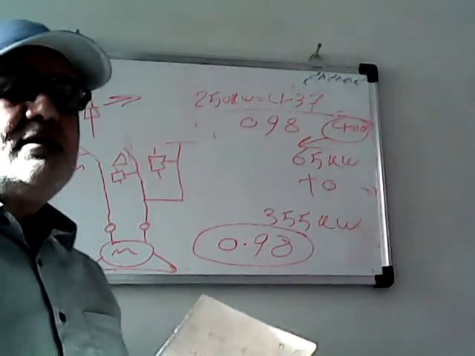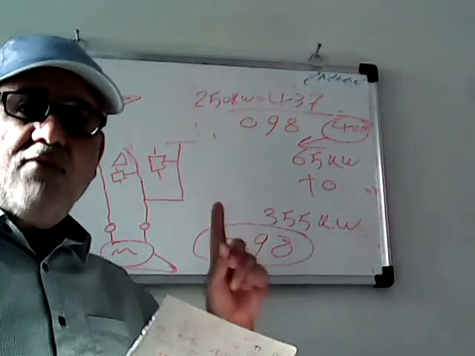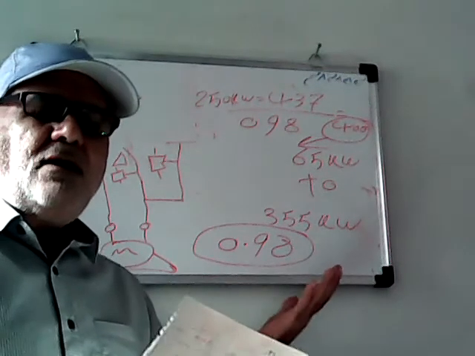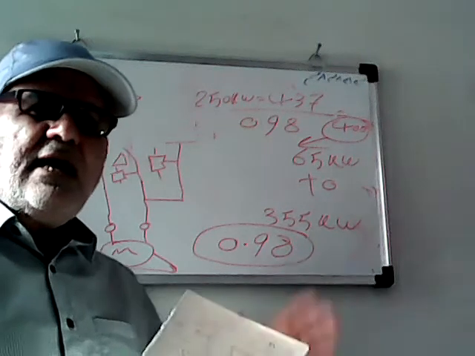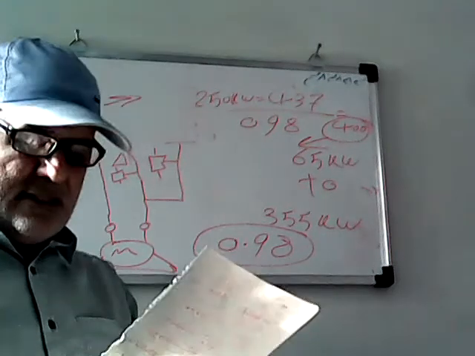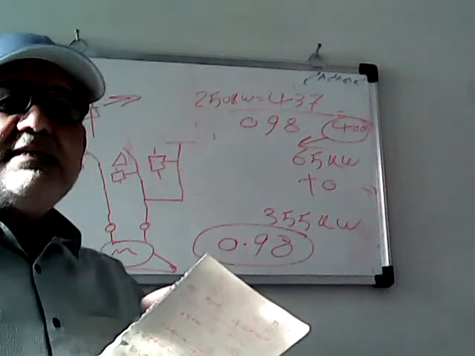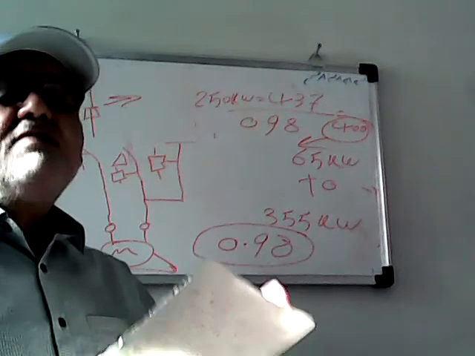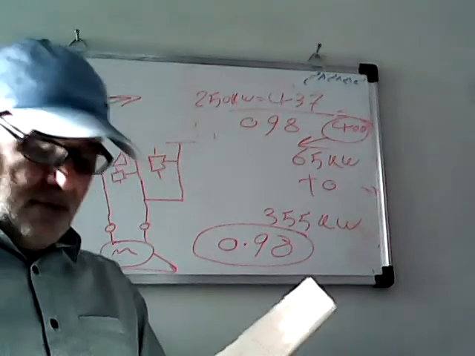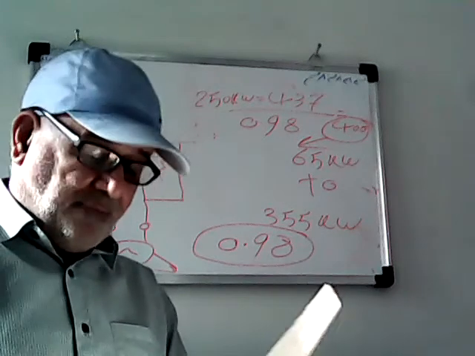Okay, that was for star delta type 1, for general use in panels and also switchboards. You have two constant numbers: 0.79 for up to 65 kilowatt, and 0.98 for more than 65 kilowatt up to 350 kilowatts.